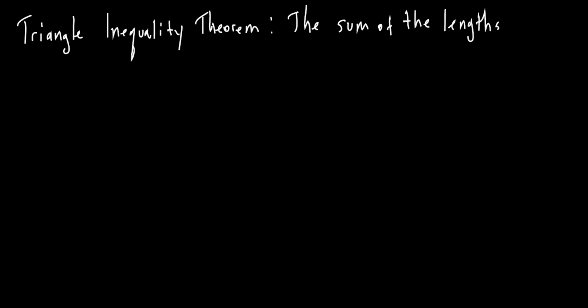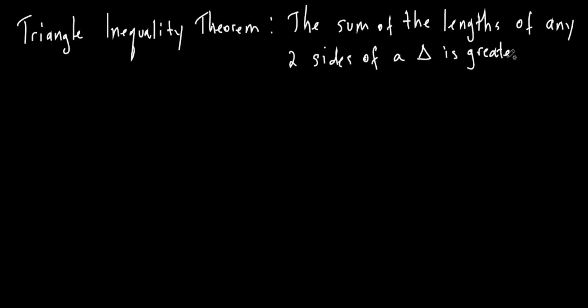The sum of the lengths of any two sides of a triangle is greater than the length of the third side.